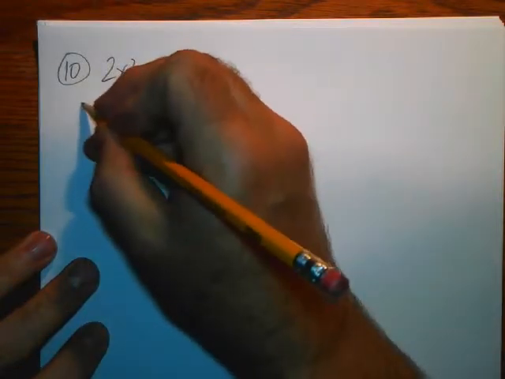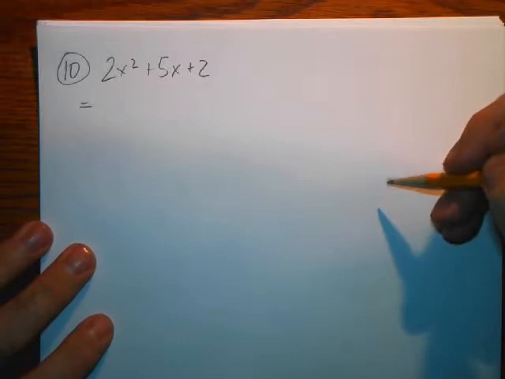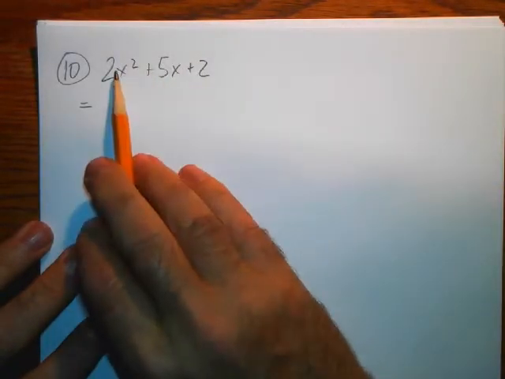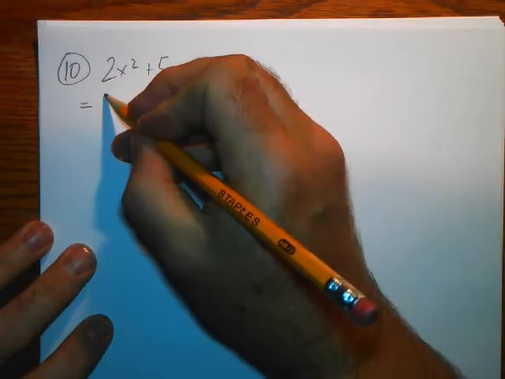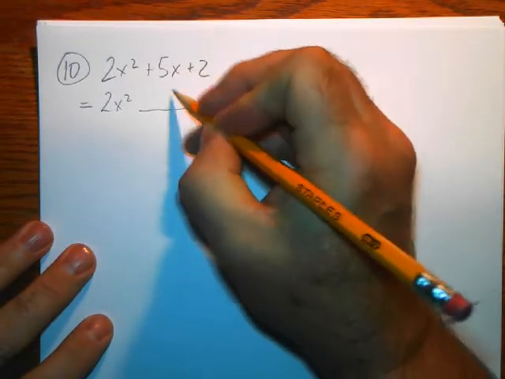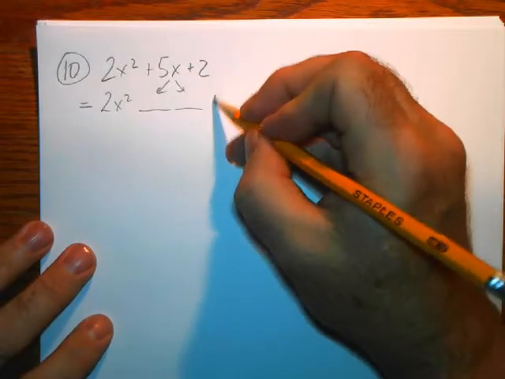Again, you would try to do common factoring here. It doesn't work. So I'm going to decompose the middle term. I'm going to have 2 terms that combine to create the 5x. What are those 2 numbers that go there?